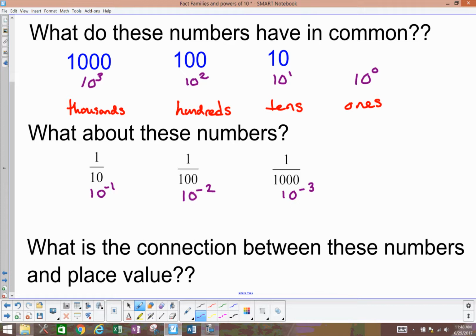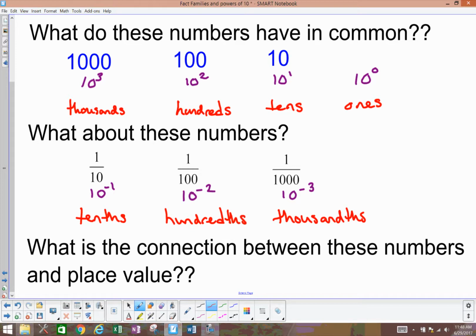What about the next set of numbers? What is 10 to the negative 1? Well, we've got 1 over 10. That's going to be tenths. 1 over 100 is hundredths. 1 over 1,000 is thousandths.